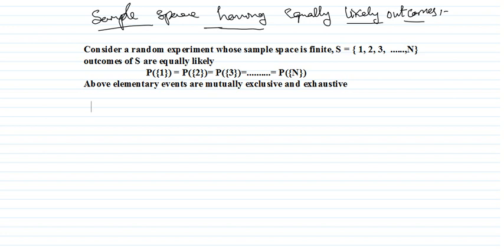Since all are equal to the same number, you can replace everything with p of i itself. There are n numbers, so n times p of i is equal to 1. So the probability of getting this elementary event is nothing but 1 by n, and this is true for every i.